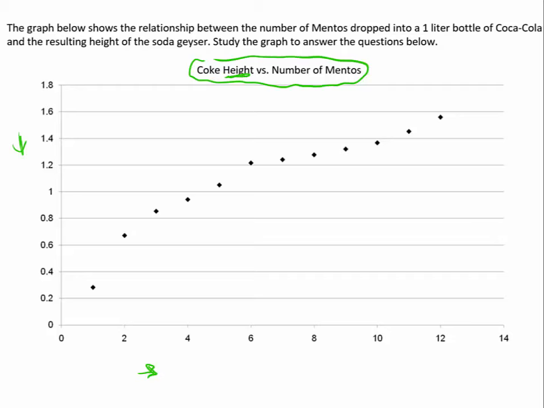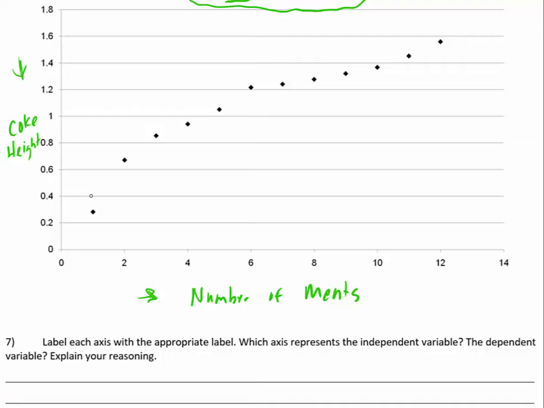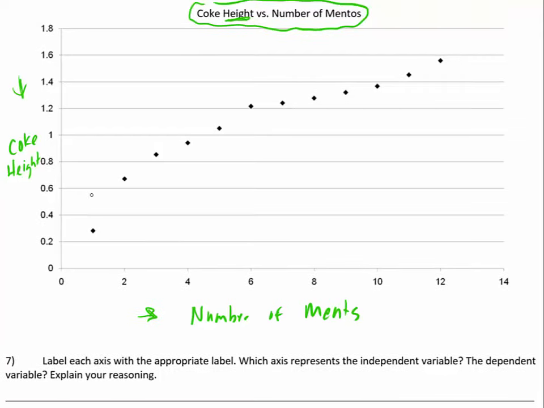So that's why number of Mentos will go on the bottom. And that's why Coke height goes on the side.